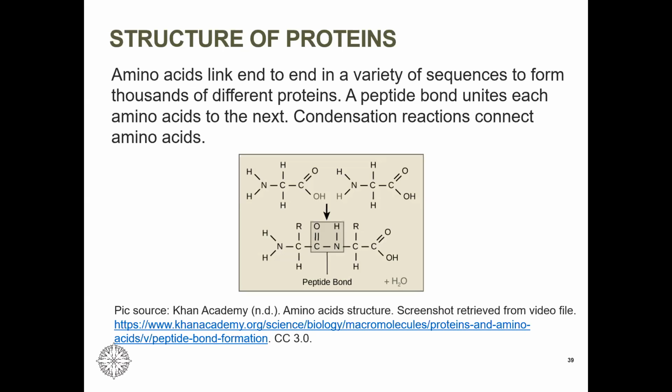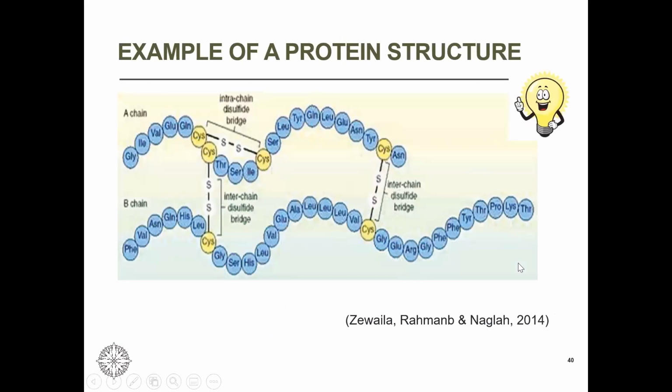And the link between one amino acid and the next is a peptide or an amide bond. And a polypeptide would be a kind of small protein, which would have about 10 to hundreds of amino acids attached to it. And this is one such example.